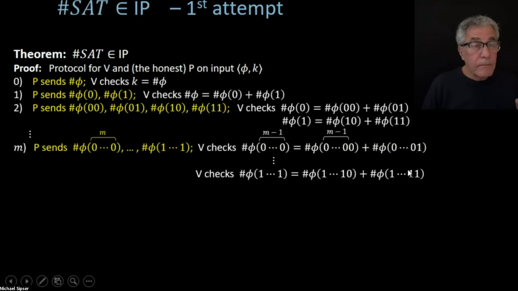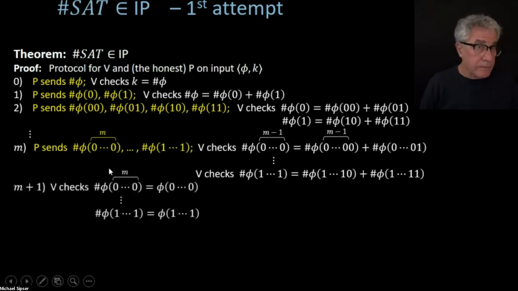And now that the prover has sent all of those possible values, the verifier needs to be sure that those are still correct. But the thing is that at this point, those are all zeros and ones, because they all say whether that assignment satisfies the formula or doesn't satisfy the formula. So the verifier can check those directly, checking each of those just by plugging into the formula and seeing whether it satisfies the formula or not.